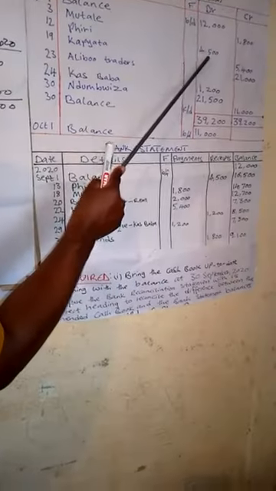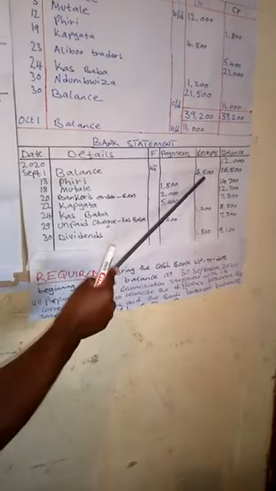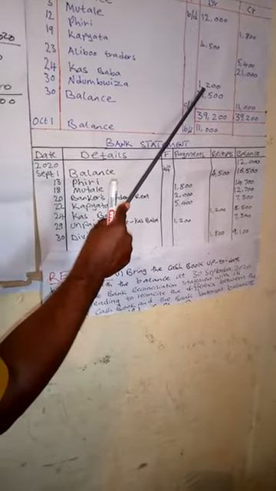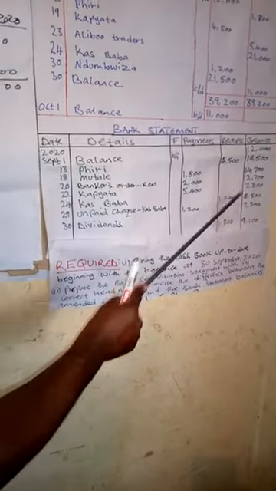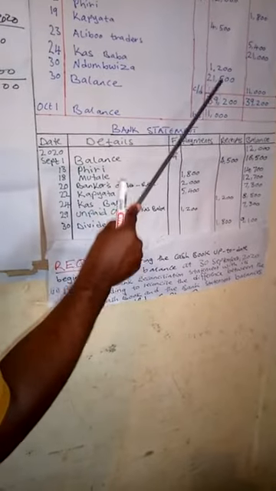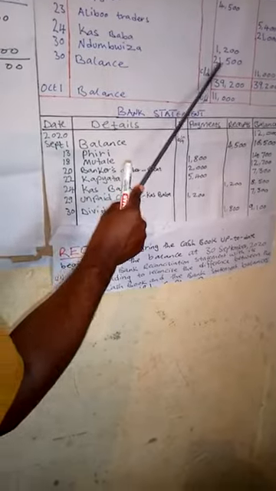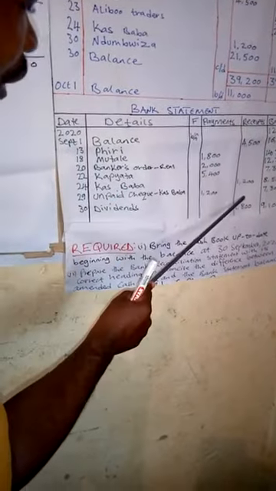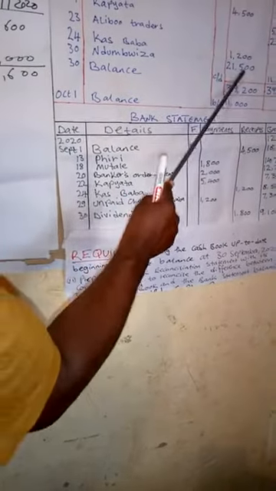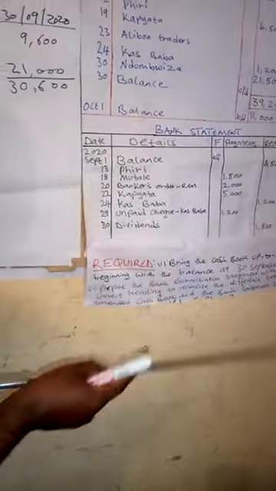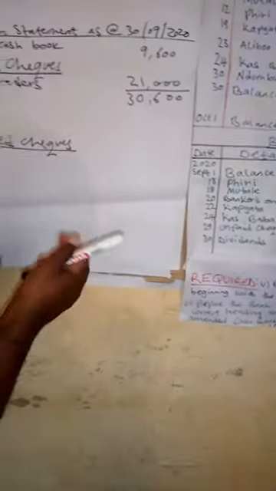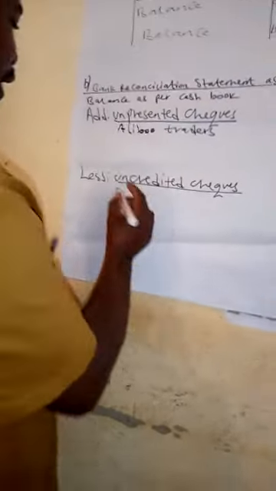So we can do the matching. We have 45 here, 45 is there as well. 1,200 there, 1,200 here. 21,500 there on the bank statement is missing. And this 21,500 is coming from Dumbwiza. So it qualifies to be an uncredited check.